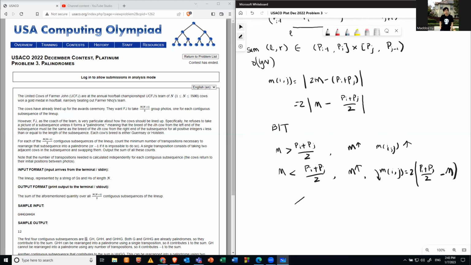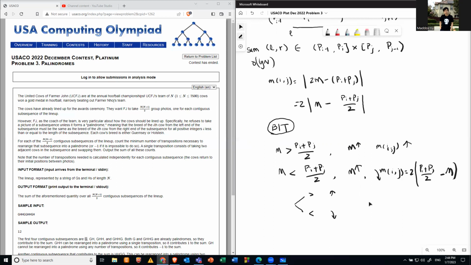So it's basically a split, depending on whether you're bigger or less. On this side is an increasing function. On this side is a decreasing function. And we talked about that before, right? When we talk about BIT, you can just use BIT to do this sum every time you update. If you can't remember what that is, go back and look at our previous class notes.